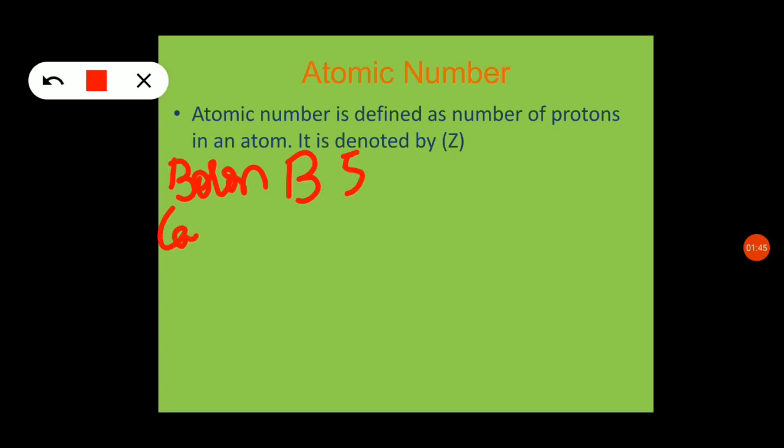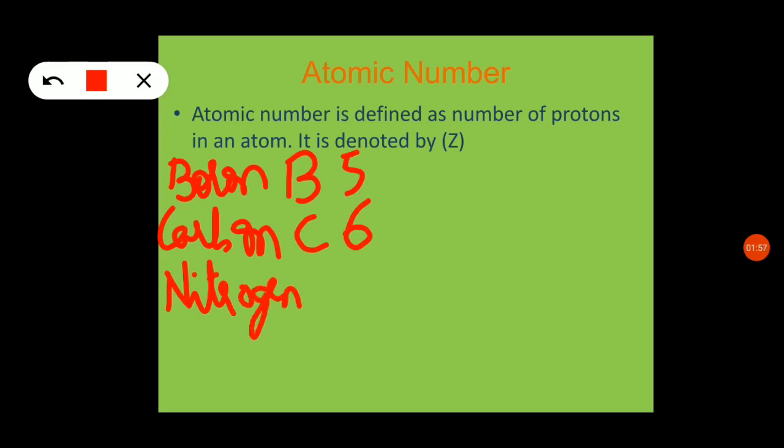Next we have carbon. Carbon symbol is C and the atomic number of carbon is 6. Next, nitrogen. Nitrogen symbol is N and the atomic number is 7. Next, oxygen.